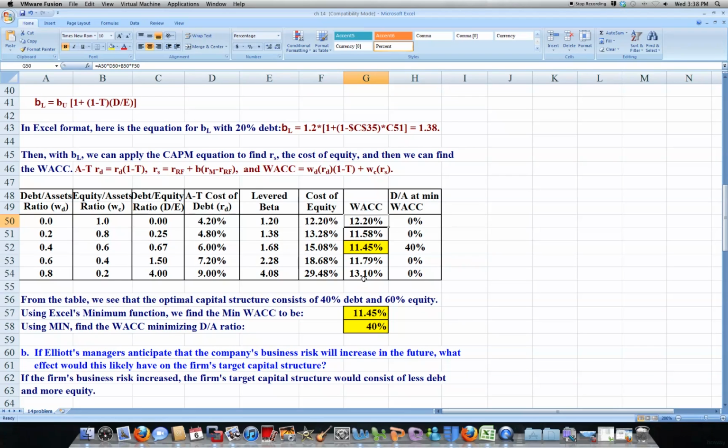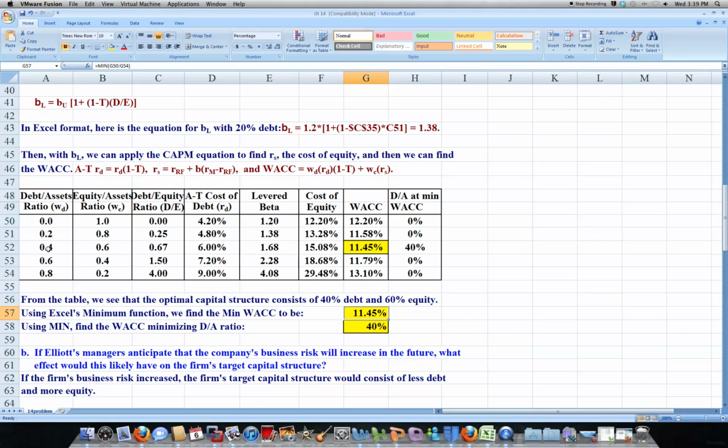And we can run a minimum function, which we did here, and tell it to look in this column and find the minimum weighted average cost of capital, which we can all see is 11.45, and our debt to asset ratio in that case is 40%.